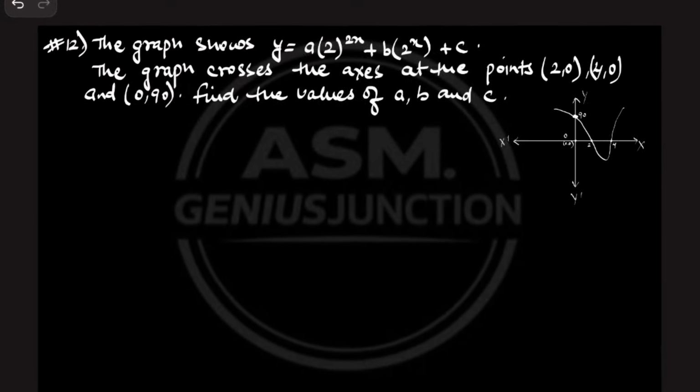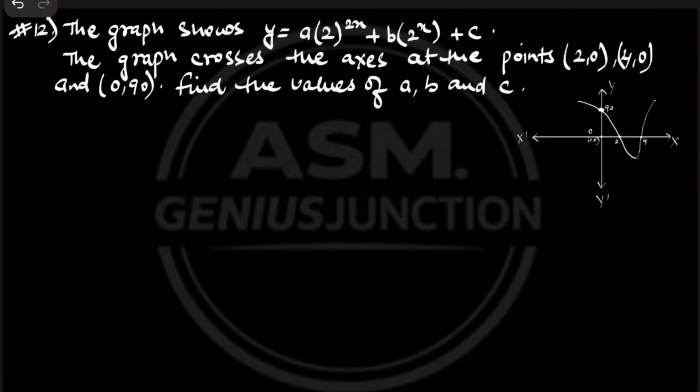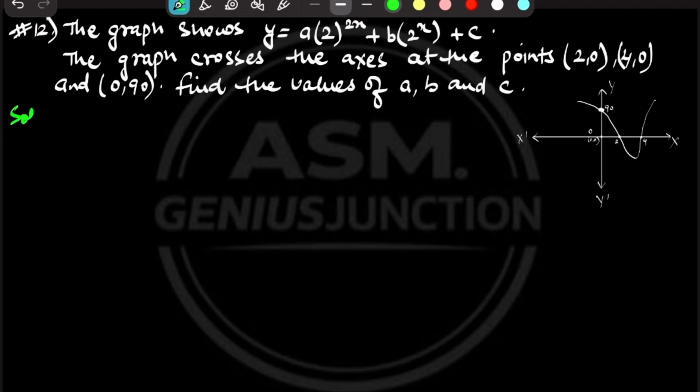So let's begin with the solution of question number 12. We have the equation y equals a·2^(2x) plus b·2^x plus c.